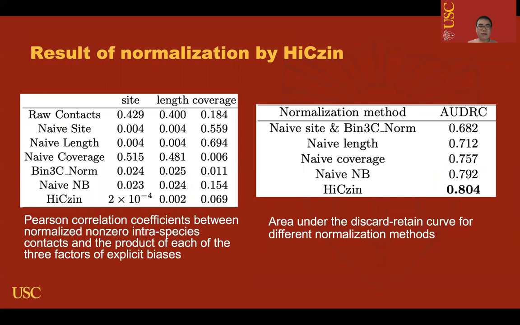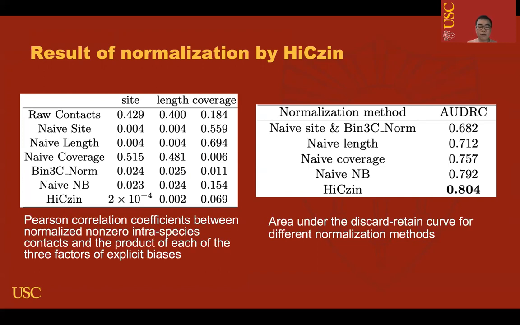We compare our HiCzin method with other metagenomic Hi-C normalization methods. The naive methods mean that we directly divide the raw contacts by one factor of explicit biases. Bin3C norm is a two-step normalization method. It first divides the raw Hi-C contacts by the product of the number of restriction sites, and then uses the Knight-Ruiz algorithm to construct a general doubly stochastic matrix after the first-step correction.